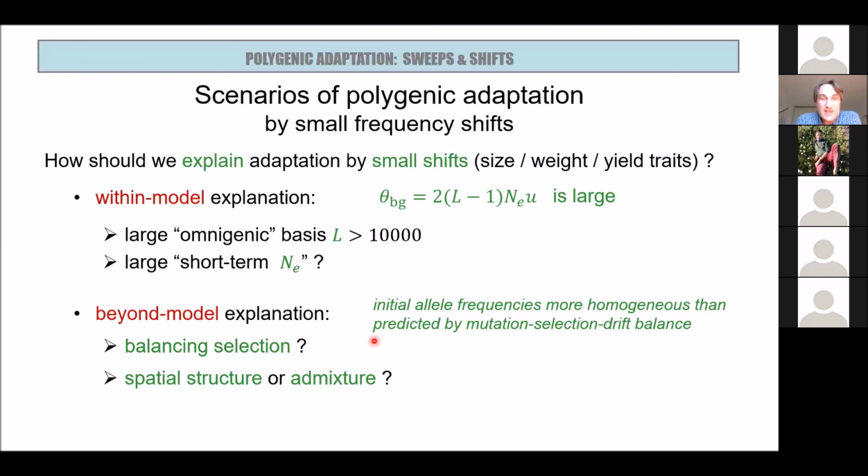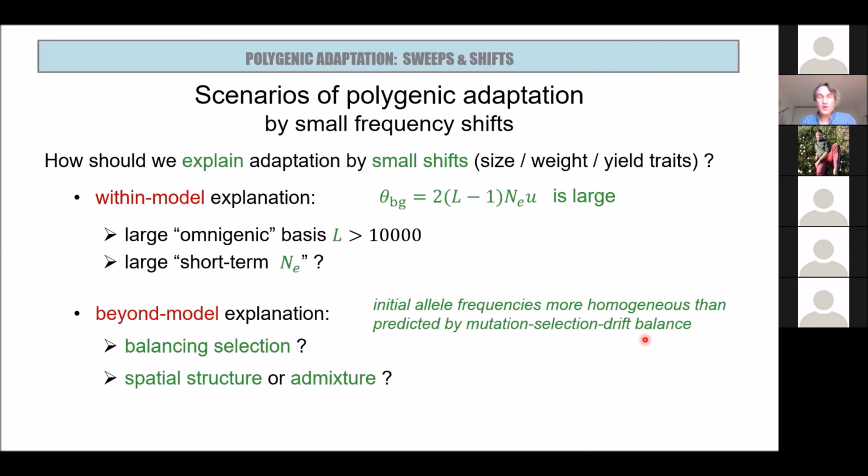It's that these initial allele frequencies are really much more homogeneous than predicted by mutation-selection-drift balance. I mean, remember, this is one assumption that we had, right? That we start out with mutation-selection-drift balance. And then we have an initial heterogeneity among allele frequencies at different loci.